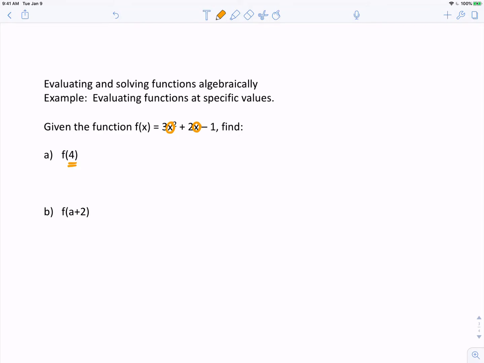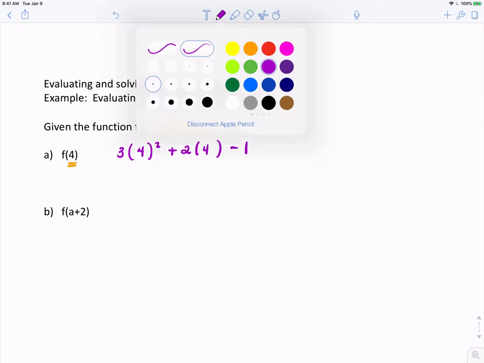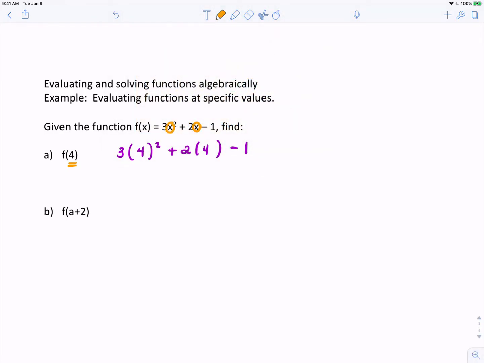And the way we find that number is by taking the rule, which is 3 times x squared plus 2 times x minus 1, and evaluating it. And now here we have to be careful. Remember, from your order of operations, when you evaluate this, the first thing you do is the exponent.